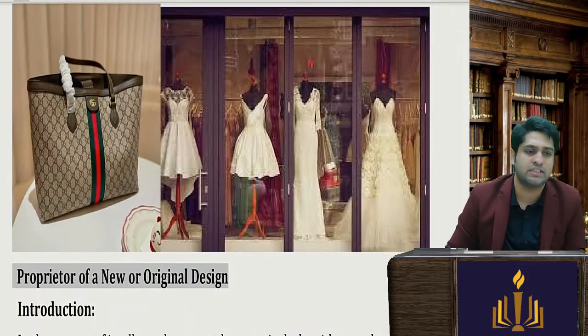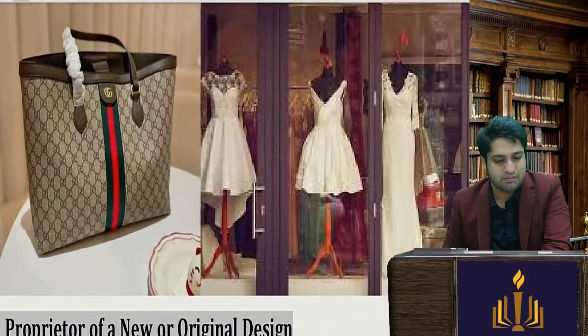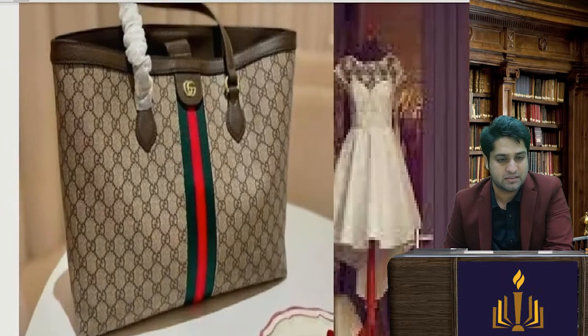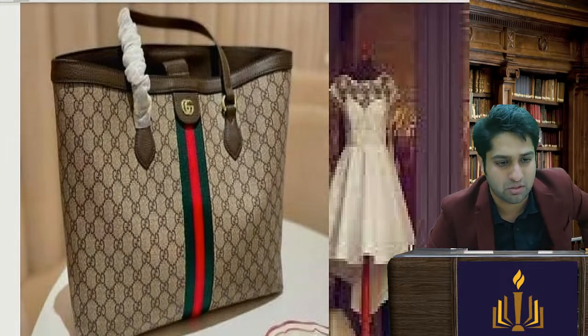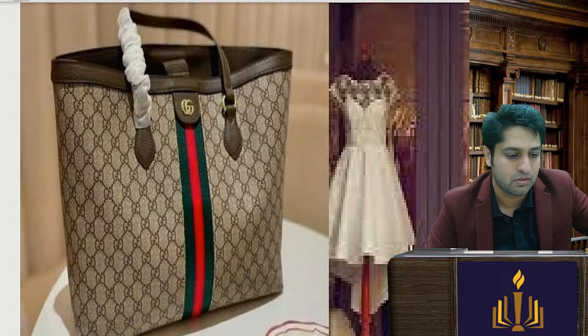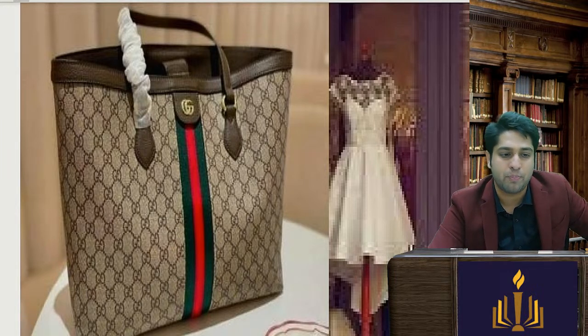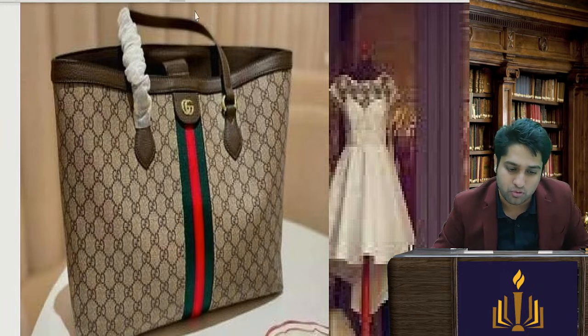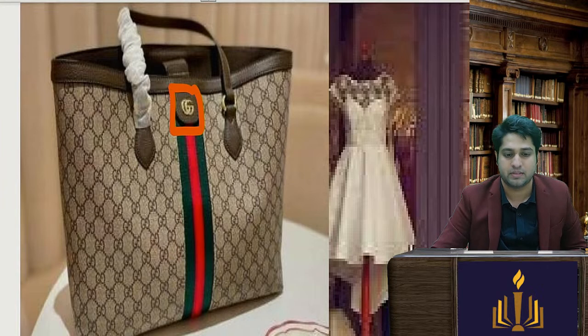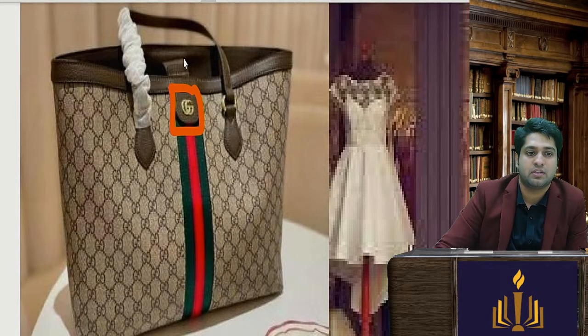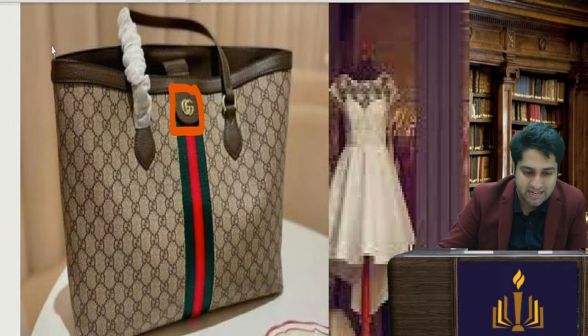Now, if we go to see another example, very, very simple. In this, can you tell me where is the logo? Where is the logo? Okay, so obviously this is the logo. The Gucci bag is the logo. But in Designs Act, what are we going to register? We are going to register this entire pattern.